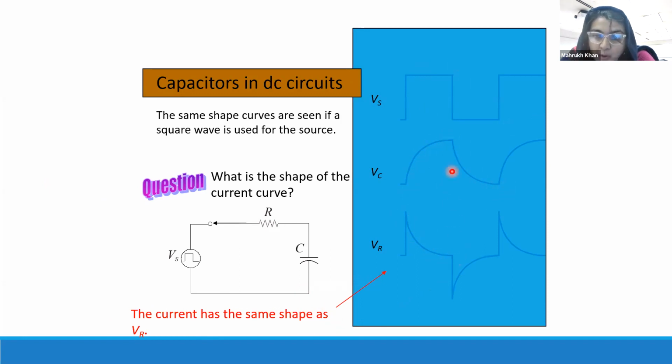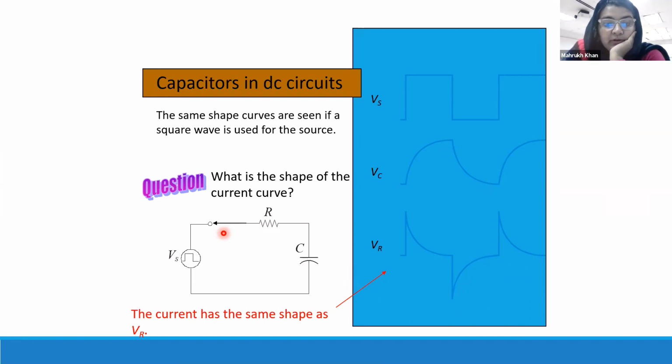And at this point, it's almost zero, right? But when your capacitor starts discharging, the current reverses its polarity and starts increasing again. So that's what the curves are about.